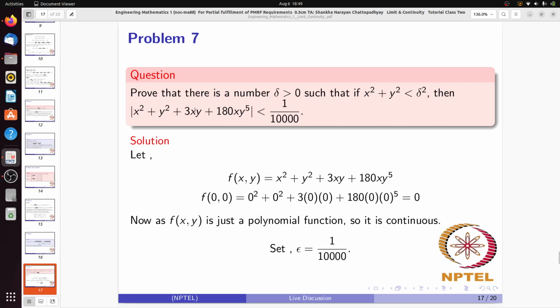So we have to prove that there is a number delta greater than 0 such that if x square plus y square is less than delta square, then this modulus is less than 1 by 10,000. So it is just we will use the epsilon delta definition here.